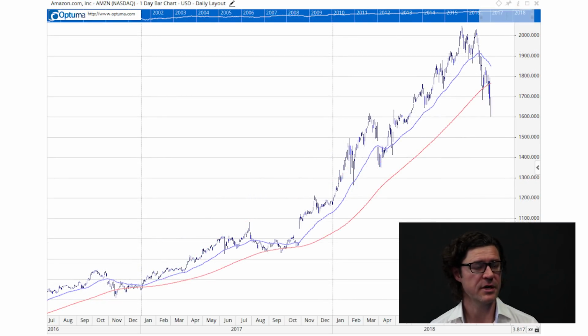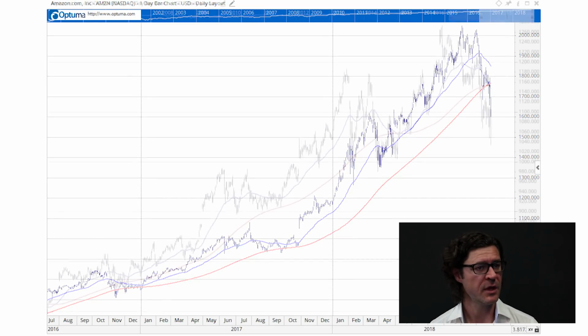Turning to Amazon though, there's been sharp falls in the share price over the last few weeks, and judging from the moving averages there, they're starting to turn down as well. Early days there yet, but it is a slightly ominous sign for Amazon given its extreme valuation, and I think just last week it had a miss on the revenue line, and that will lead investors to reassess the growth multiples that are priced into the share price there.